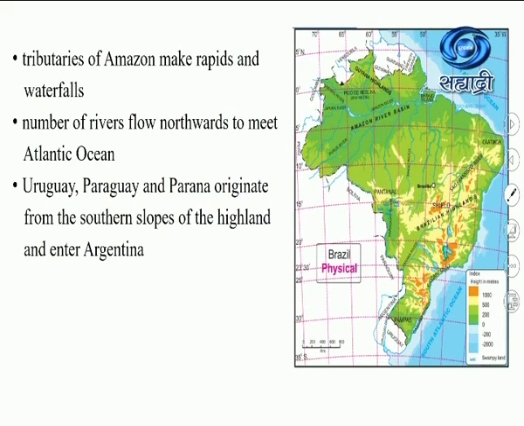So the Uruguay, Paraguay and Parana originate from the southern slopes of this highland and enter into Argentina. So some rivers originate and flow towards the north and enter into the Atlantic Ocean. The Uruguay, Paraguay and Parana rivers originate towards the south and enter into the Argentina region.